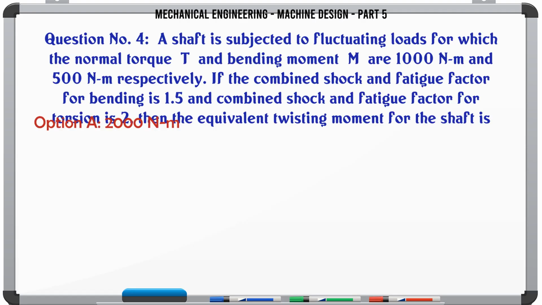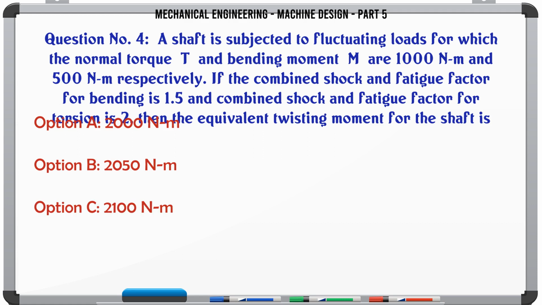A shaft is subjected to fluctuating loads for which the normal torque T and bending moment M are 1000 Nm and 500 Nm respectively.